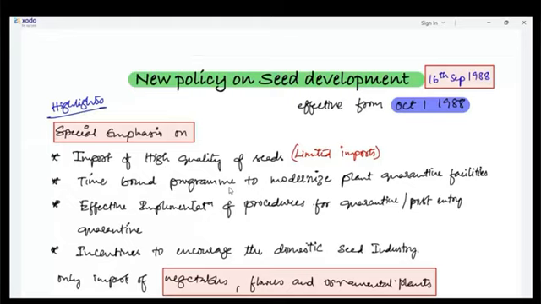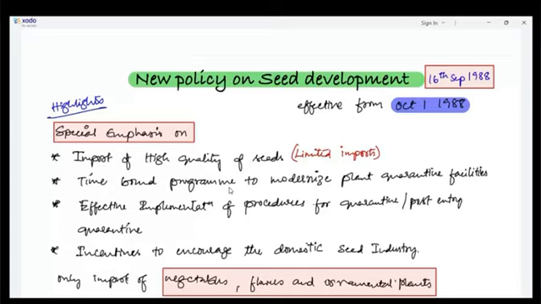There are a lot of charges associated with it, and a lot of guidelines that we should follow. For seeds specifically, these guidelines and charges have been simplified or lessened, so the government has encouraged seed producers and farmers to import quality materials from abroad, so that there will be an inherent development of the country's seed industry over a period of time.